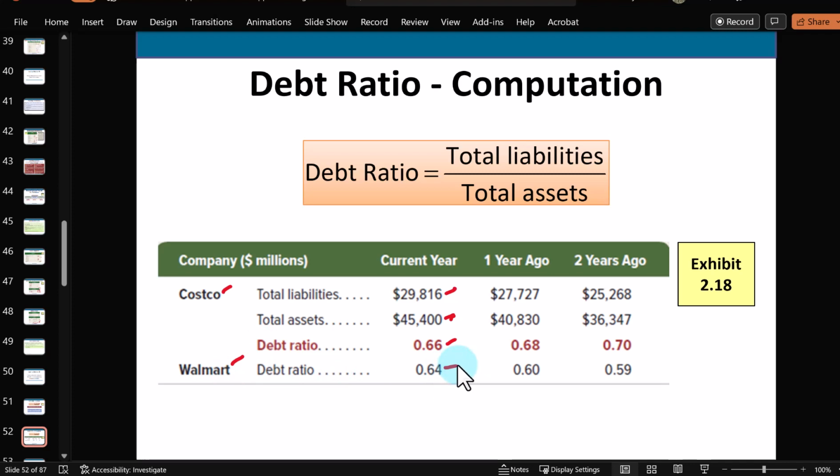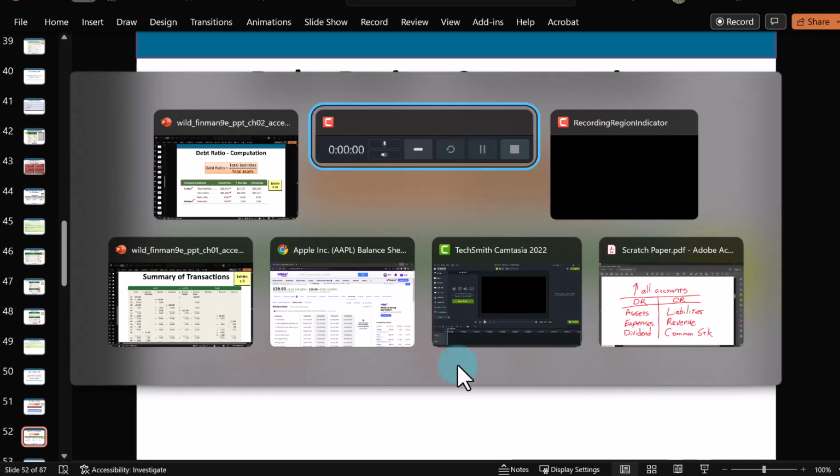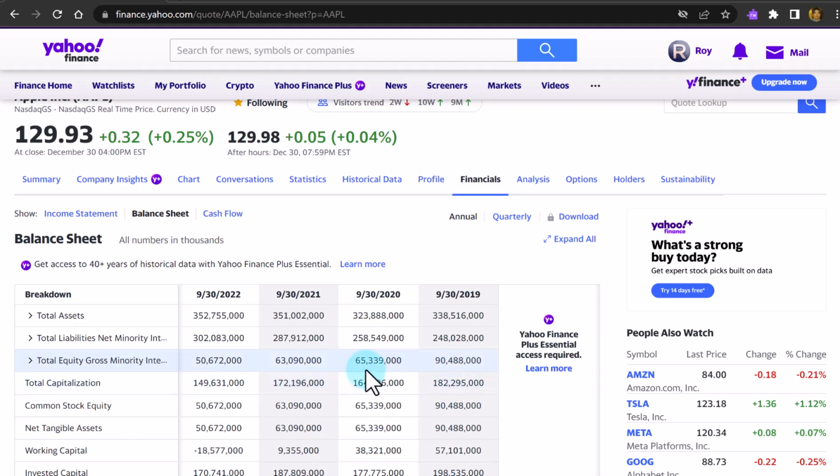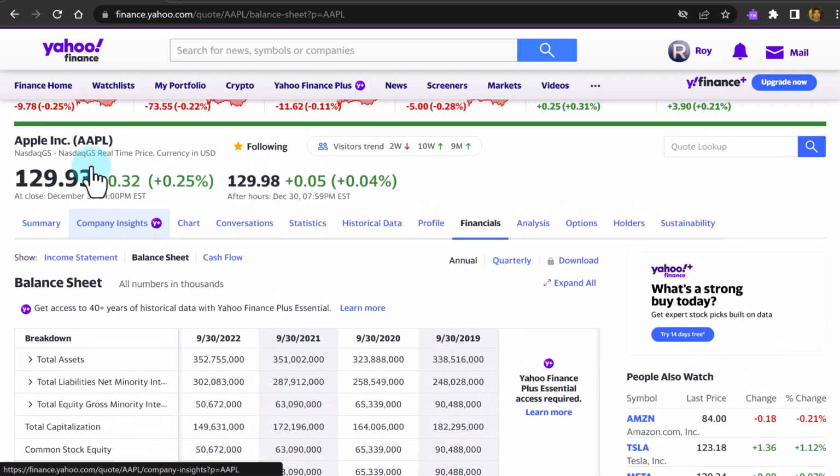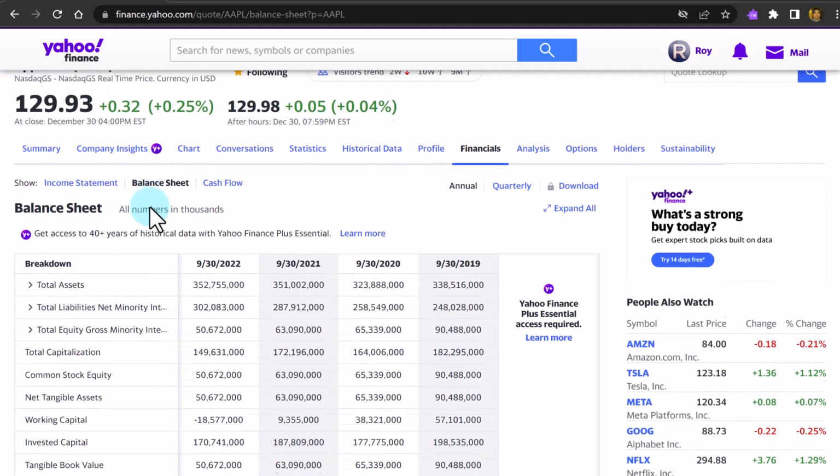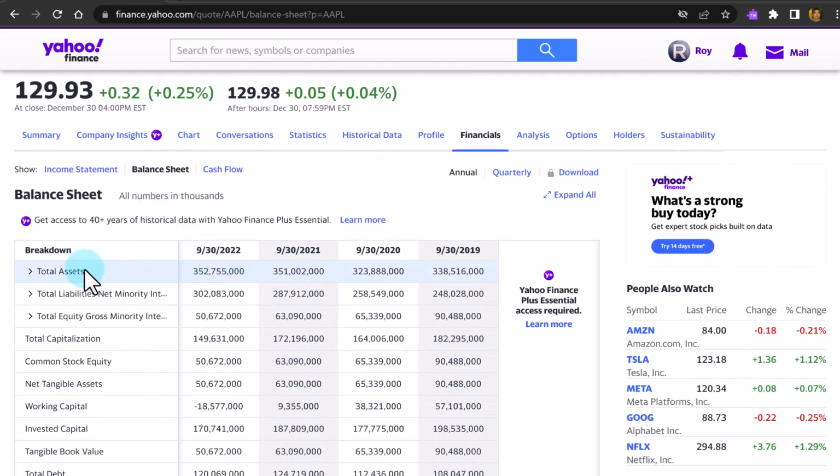I just looked at the financials for Apple. Let me see if I can bring that up. Apple has a very high debt ratio. Apple is AAPL on the stock market. And here their assets are equal to liabilities plus equity.